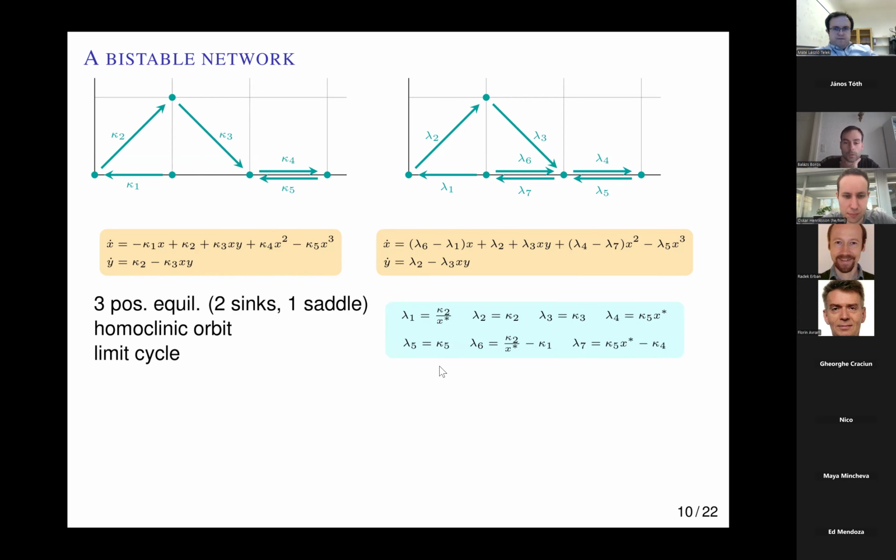Then I claim two things. One is that with this choice of lambdas, the two equations are the same. So I have dynamical equality. And the second claim is that this second network with this choice of rate constants is vertex balanced.